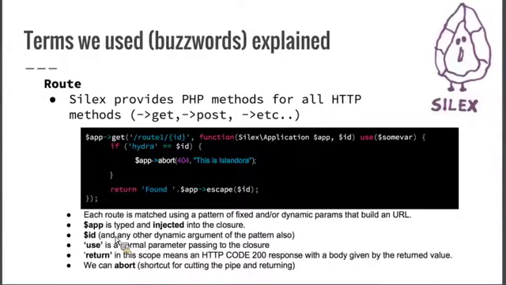And the use is like passing something to the closure, and the return, in this context, is just a shortcut for giving an HTTP code 200 response with a body. That's the body. And as I said, the abort can shortcut everything. If we have multiple posts and middleware somewhere with the abort, I'm cutting here, I'm returning that to the user.